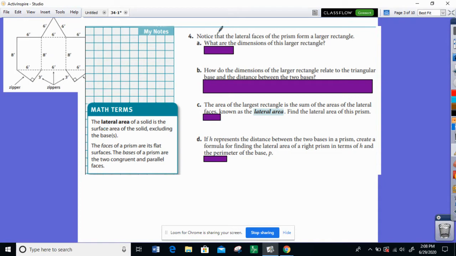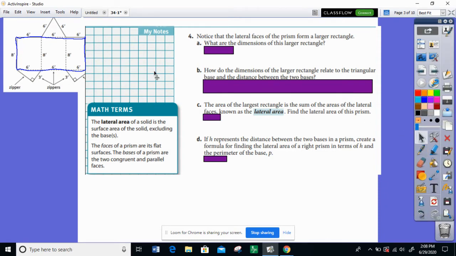In other words, if we look at this net, but don't include this triangle on the top and the other triangle on the bottom, we end up with this large rectangular region that's made up of 3 6-foot by 8-foot rectangles.